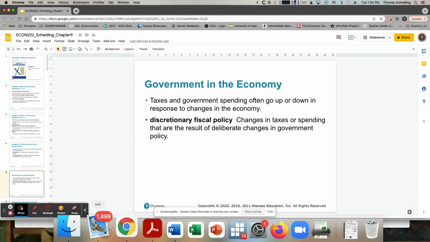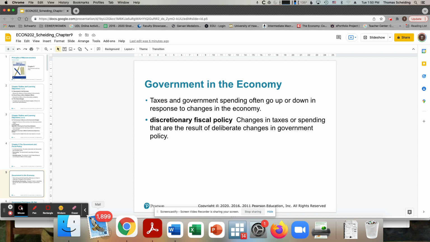Okay, so there's two ways that the government can act to then change spending and taxing. It can either make a conscious decision to change things, so this would be called discretionary fiscal policy. Great examples of this, one would be obviously COVID, right? So, disease happens, government realizes it needs to do something, and then it does something.